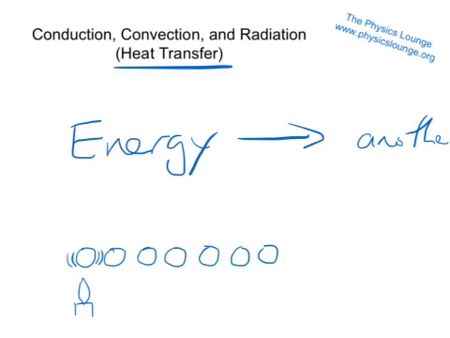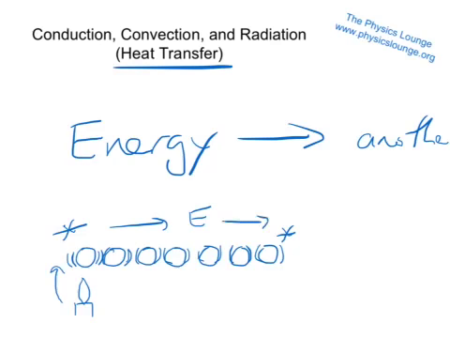So in terms of heating up and transferring energy from this position down to this position, this first particle would vibrate back and forward and bump into the next one, causing that to vibrate, and while the flame particles continue bumping into the metal particles, the vibrations will just carry all the way down to the far end. So you've successfully transferred your heat energy by vibrating particles, and that's what we call conduction.